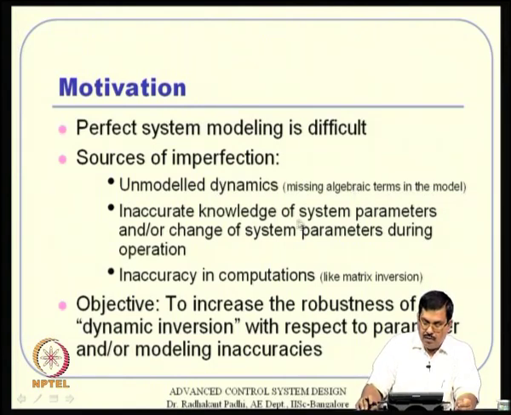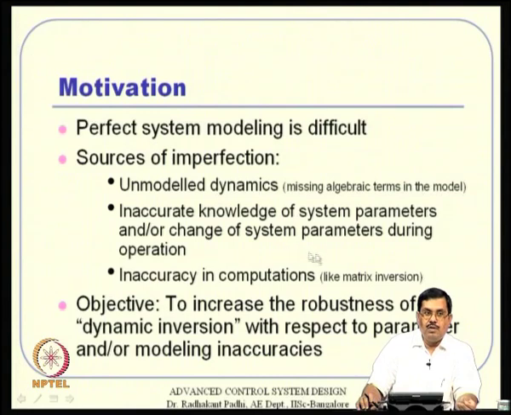Another example is that even if the model contains all algebraic terms, accurate knowledge of system parameters may be an issue. Exactly how do you know the system parameters? For example, in a mechanical system, mass and moment of inertia can be estimated only up to a certain level of accuracy. Not only that, the system parameters change during operation.